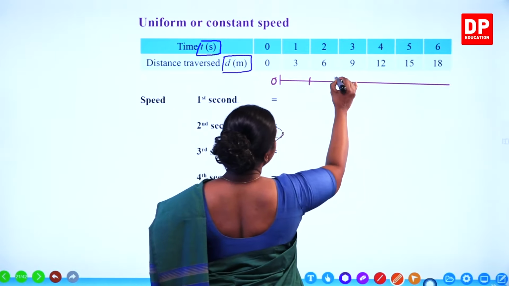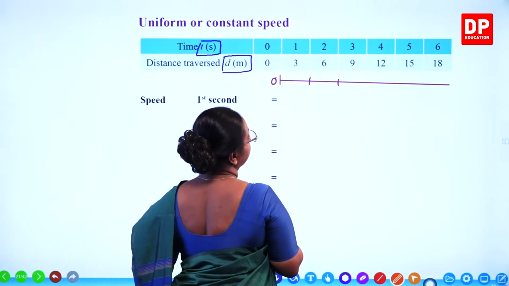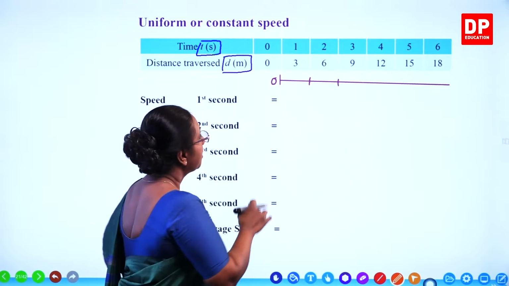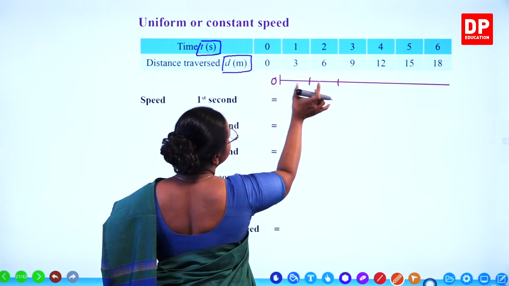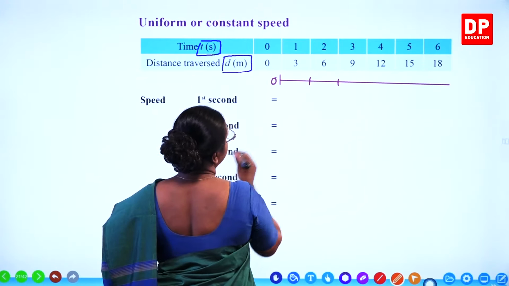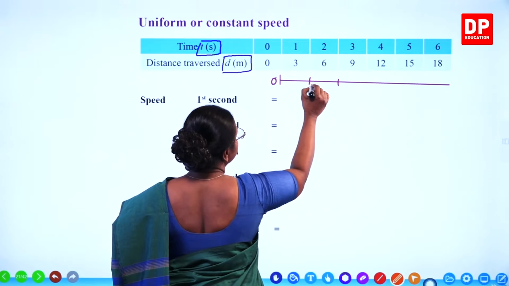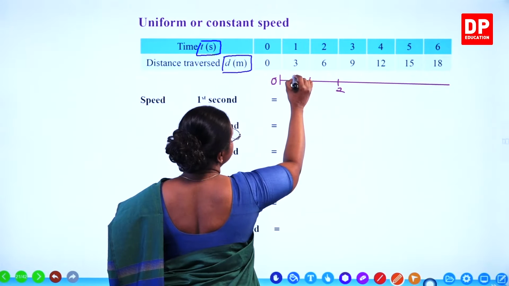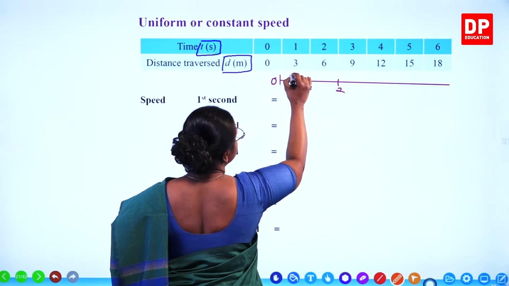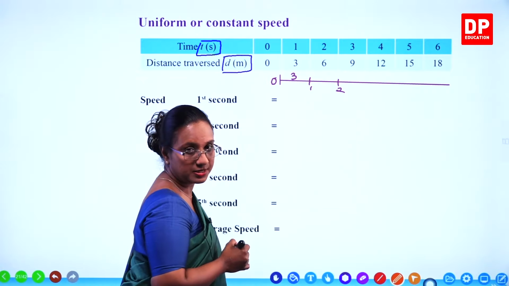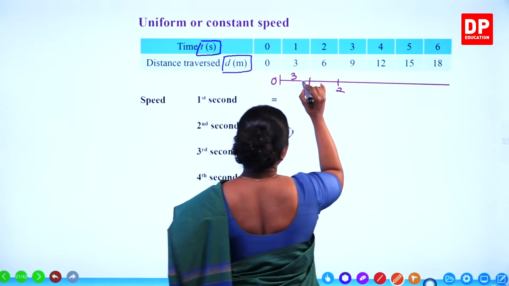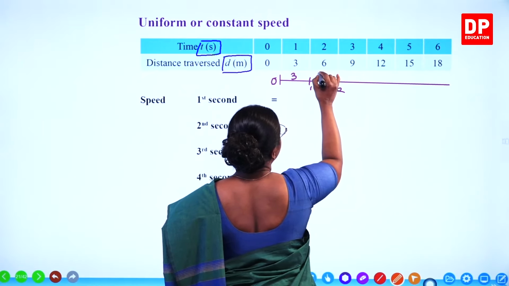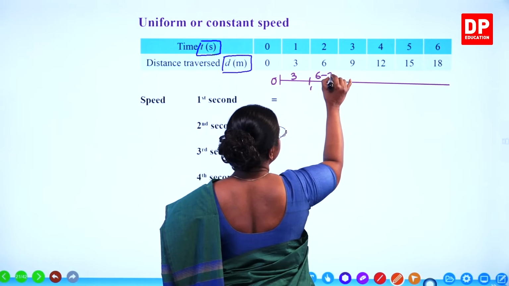And at the end of the second second, it has moved 6 meters. But if you look at each time duration, 0 to 1, 1 to 2, within the first second, the car has moved 3 meters. Within the second second, from here to here, that is from 3 to 6.